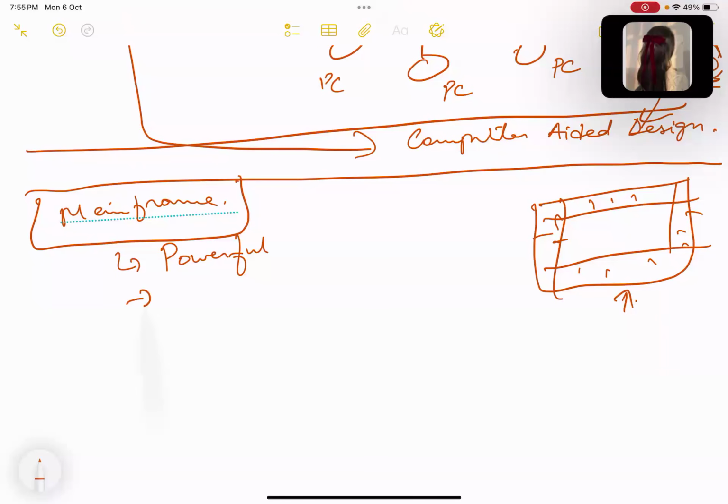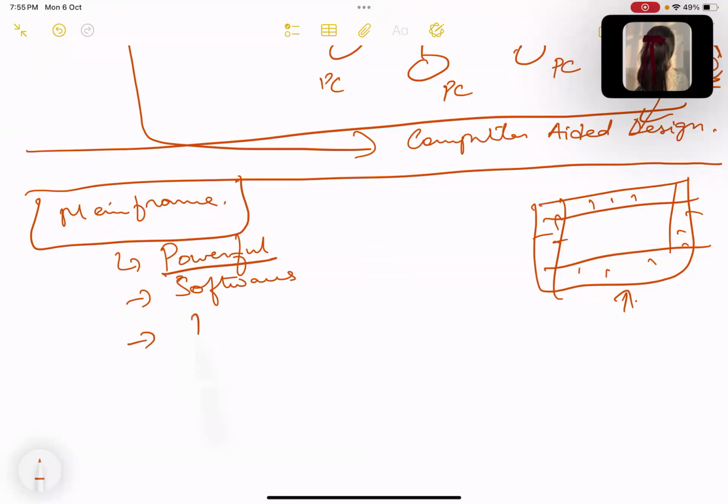Because it is powerful, it can be used to deal with lots of software, okay? There might be certain software that requires high processing speed, right? Or, because the organization is very big, it has to deal with lots of data and lots of information. For all those things, the organization would use a mainframe computer, okay?